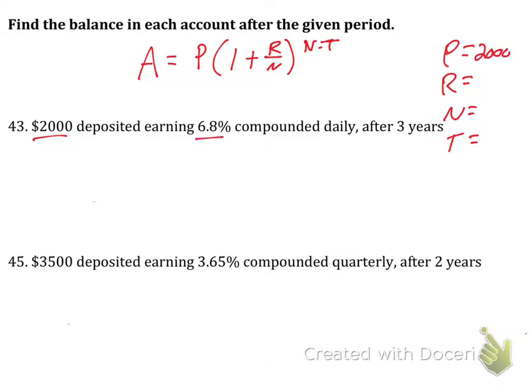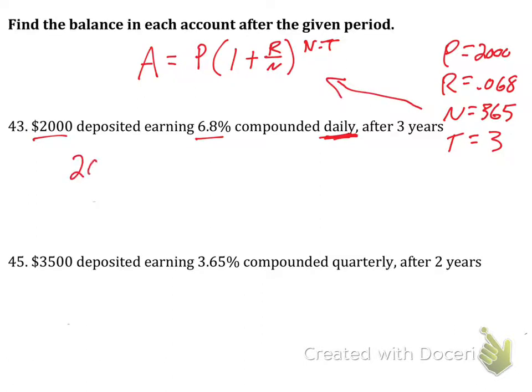It's 6.8%, so our rate, we're going to move that over to make it a decimal, not a percentage. It's going to be 0.068. It's compounded daily. How many days are there in a year? There's 365 days in a year. And then the time is 3. So I'm going to take all these numbers and just plug them into that equation right there.